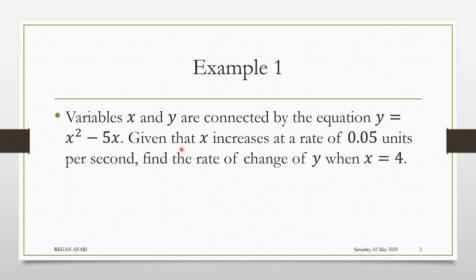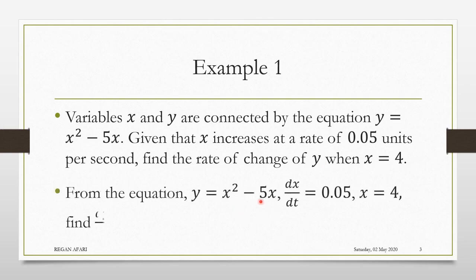So we know dx/dt is equal to 0.05. Then what are we to find? The rate of change of y, so we are looking for dy/dt, and x equals 4. That is all that you need from the question.